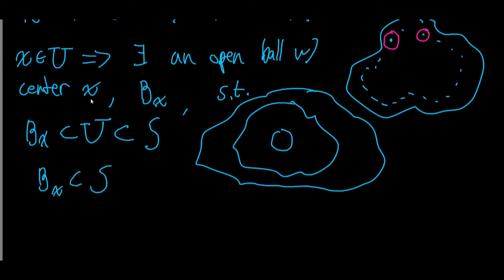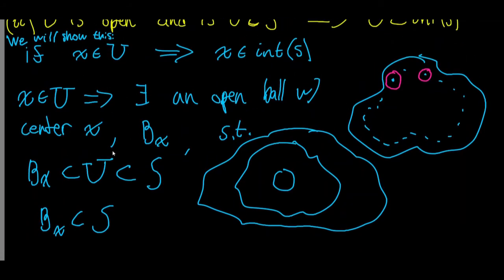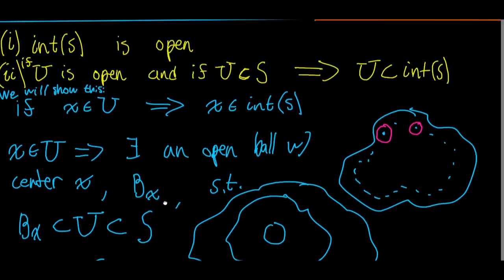And remember, X is just any point in U. Any point in U must have an open ball centered at that point, entirely contained in U. So therefore, since U is contained in S, any point in U must have an open ball centered at that point, entirely contained in S. And therefore, look at this.